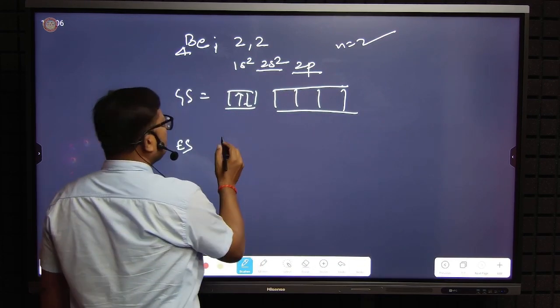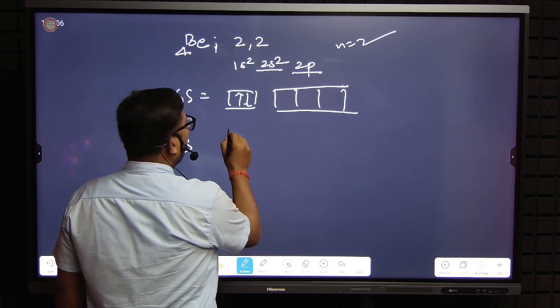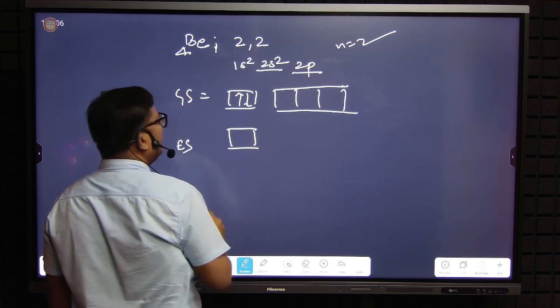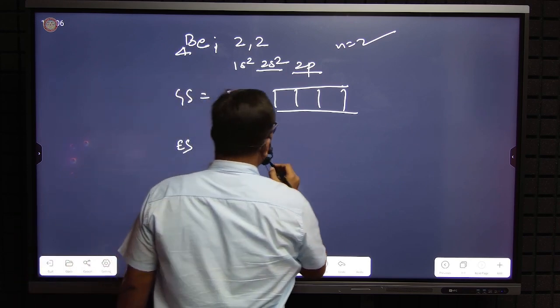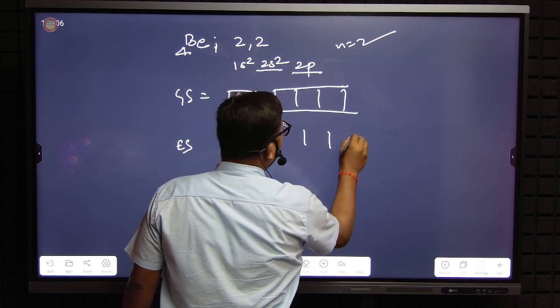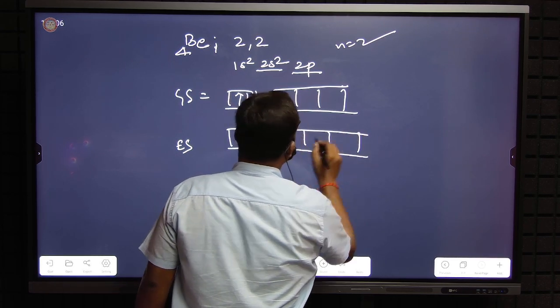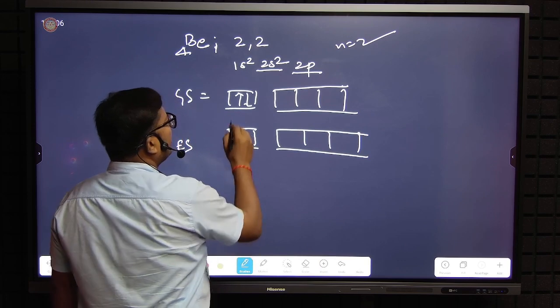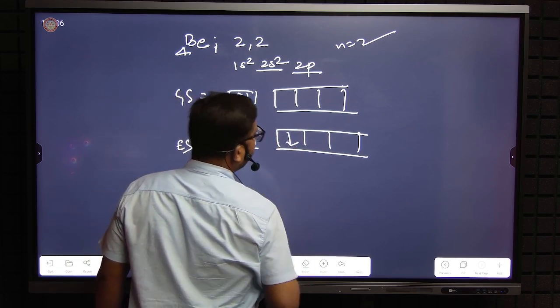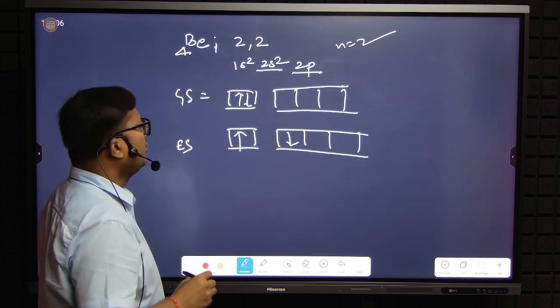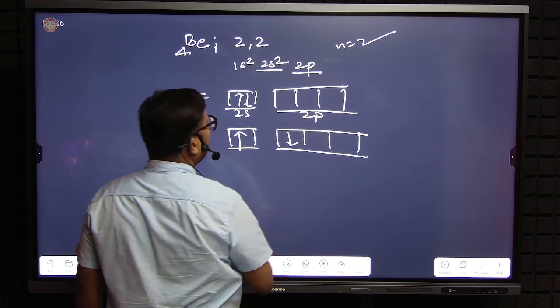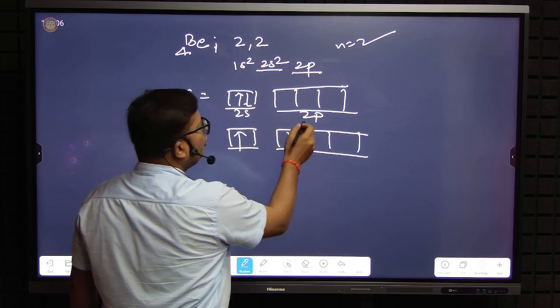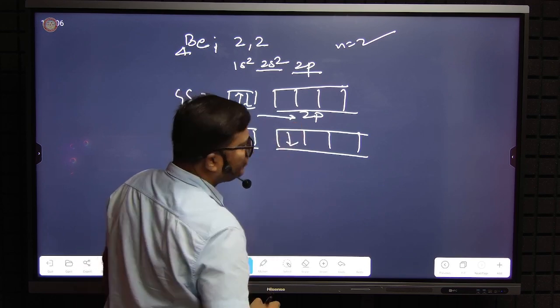And what actually happens once the energy is supplied to the system, one electron is promoted to 2p. So from 2s to 2p there is a transition.